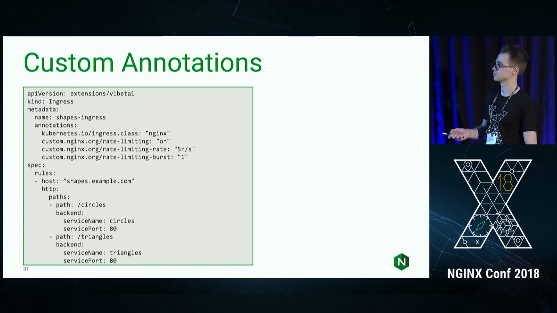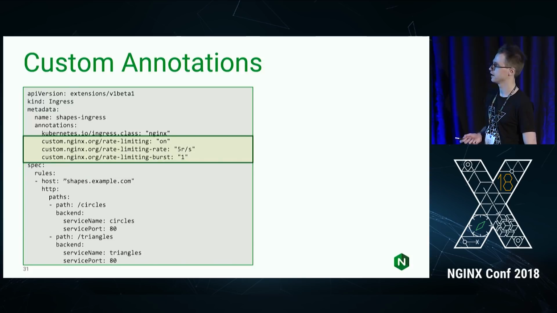tomorrow. By customizing the templates, you can add your own annotations. For example, if you want to add an annotation to support rate limiting, you can easily do that by customizing the template. So this is our set of annotations to support rate limiting. And this way you can also support other NGINX features in your own custom way.